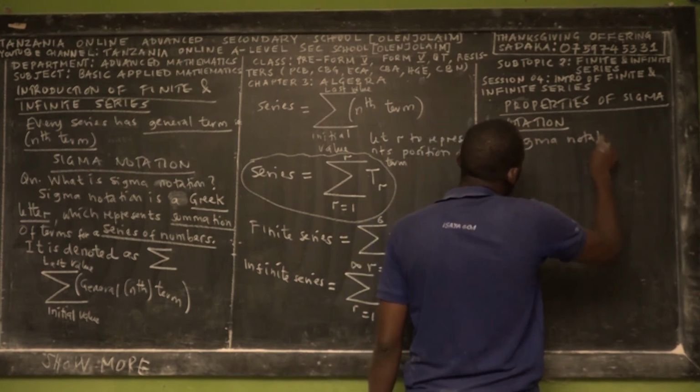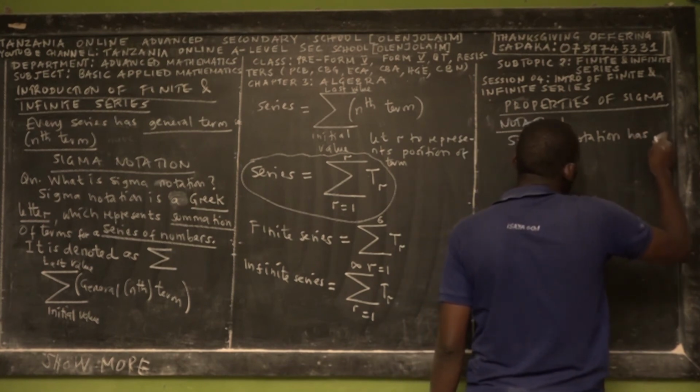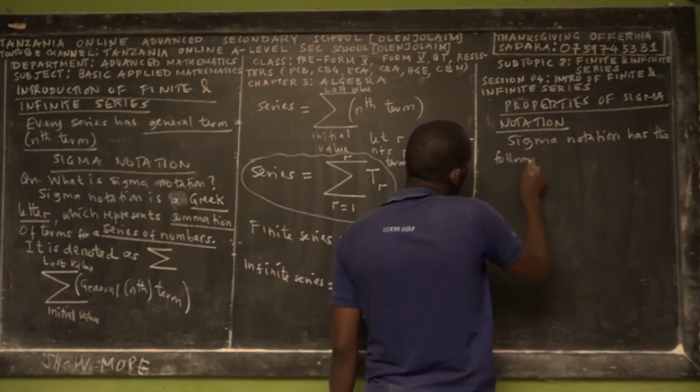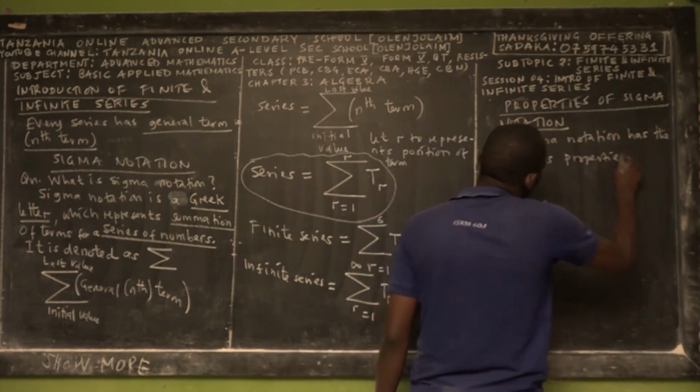Sigma notation, as a Greek letter, has the following 3 properties.